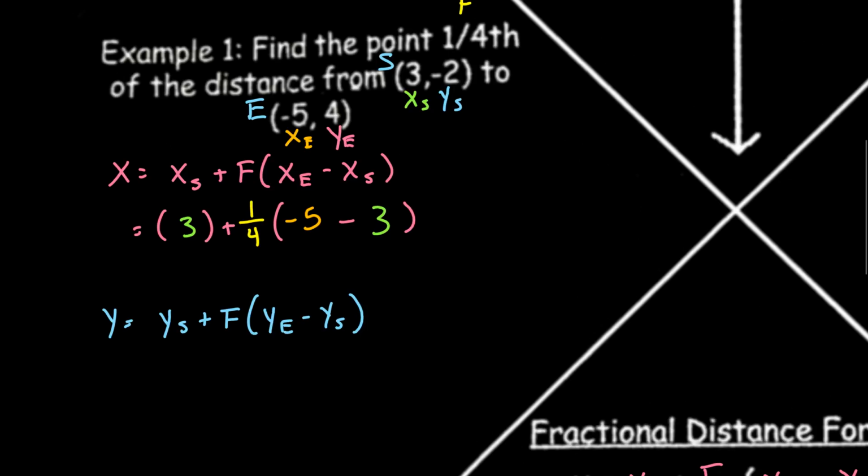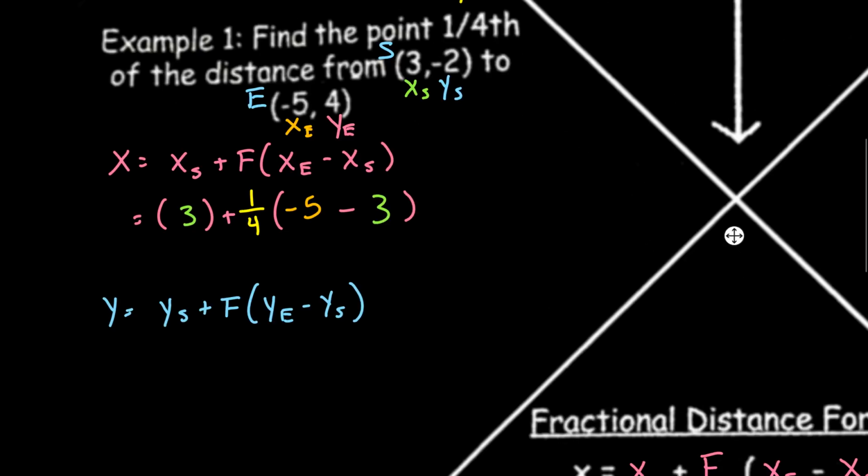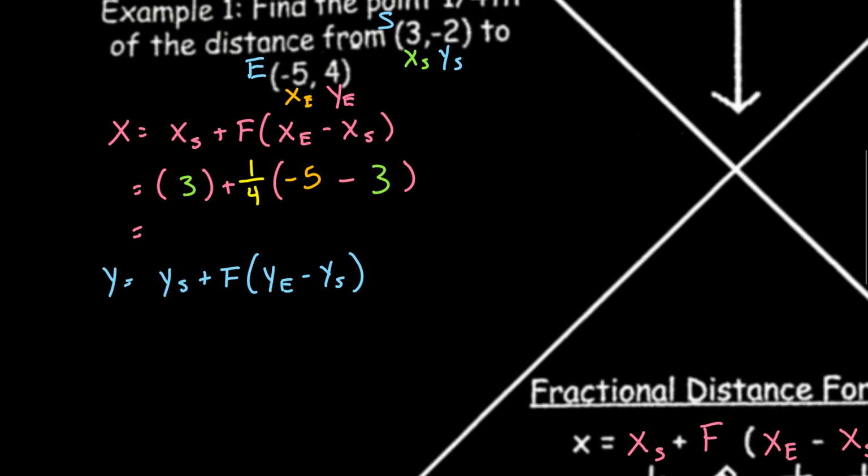You'll see, it's going to happen in the next one. All right. So what is -5 minus 3? And what is -8 times a fourth? -2. So what is 3 plus -2? 1. So x is 1.